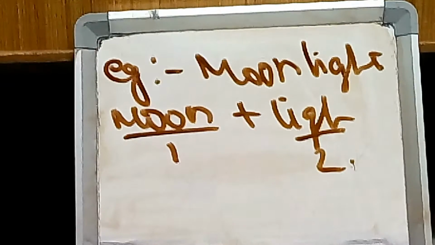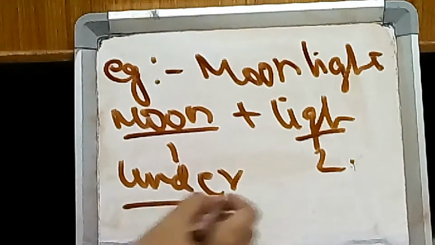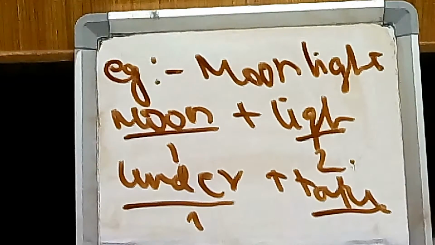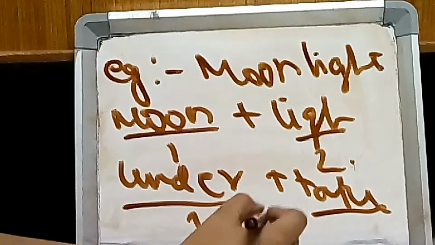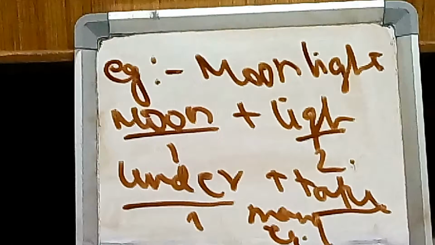Then we have undertake. Under is the first word, plus take, which is the second word. So we have many examples for this. So we will see the next type of word now.